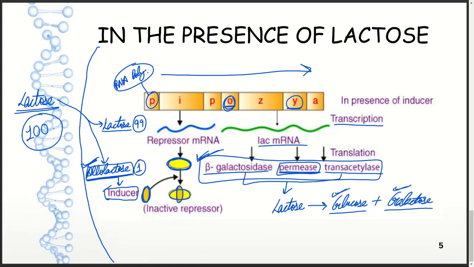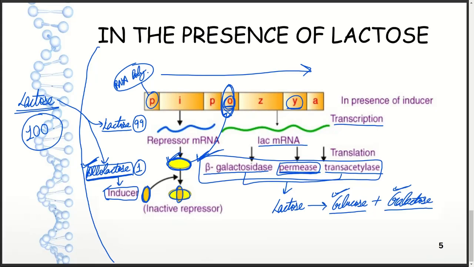our repressor protein, which had high affinity for allolactose, is free again, and as soon as it is free, it will go and bind with the operator gene again.